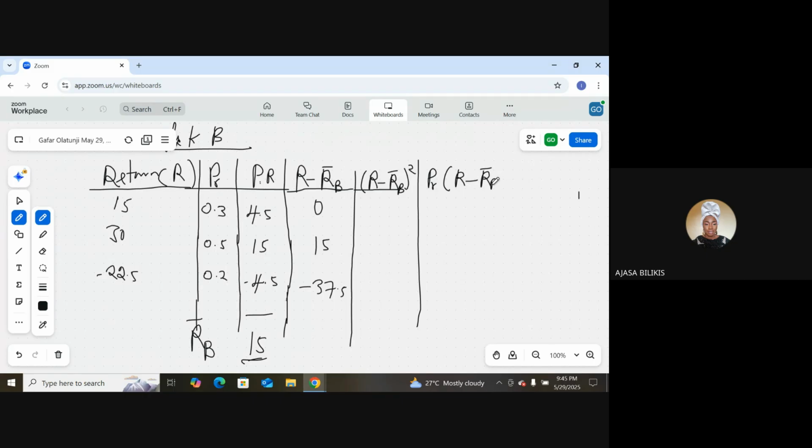The next one, okay, 225. 37.5 times 37.5 gives 1,406.